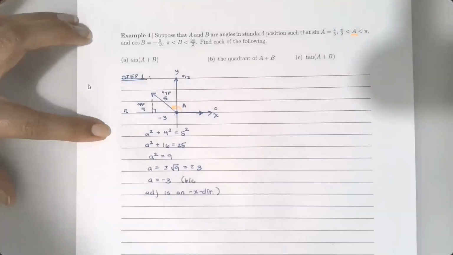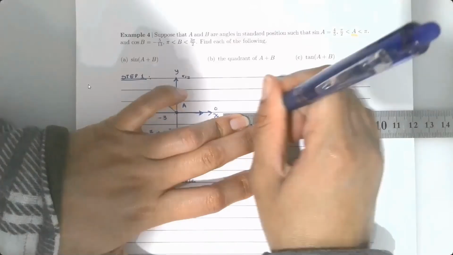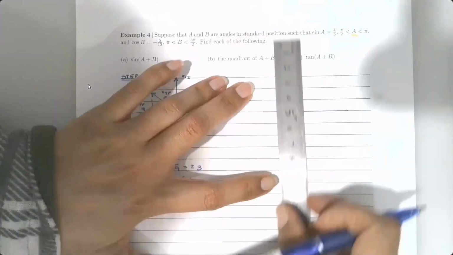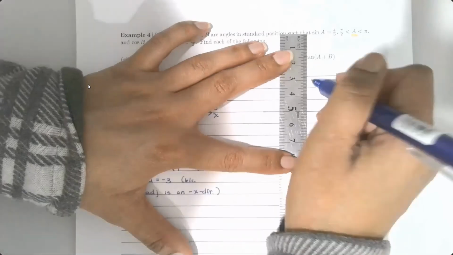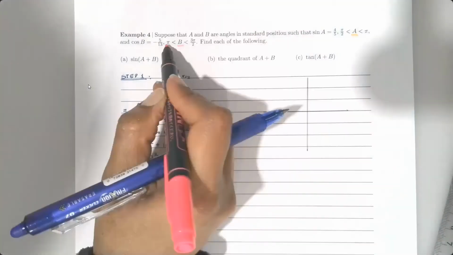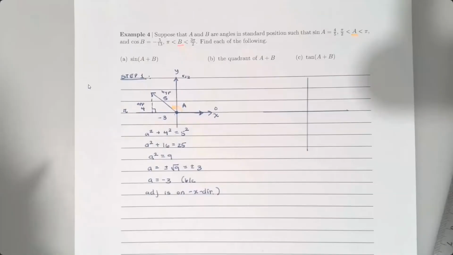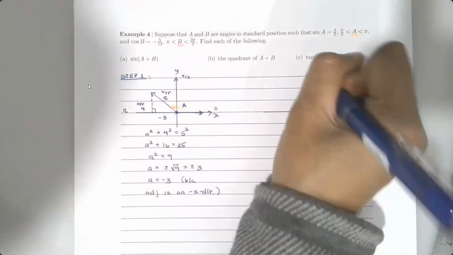The next angle, angle B, let's see, for B we have, it's between pi and 3 pi over 2. So which quadrant will that be in? Quadrant 3.